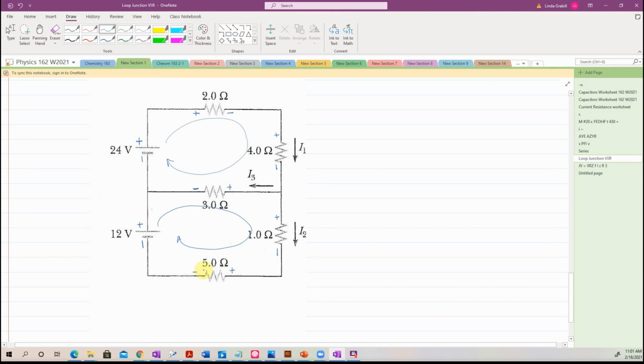Now, as far as seeing my voltage sources is concerned, I can do one loop rule, 2 loop rules, 1 junction. So I don't actually need to account for adding or subtracting those 2 power sources. If I wanted, I could do an entire loop this way, then come back, and then come all the way back.